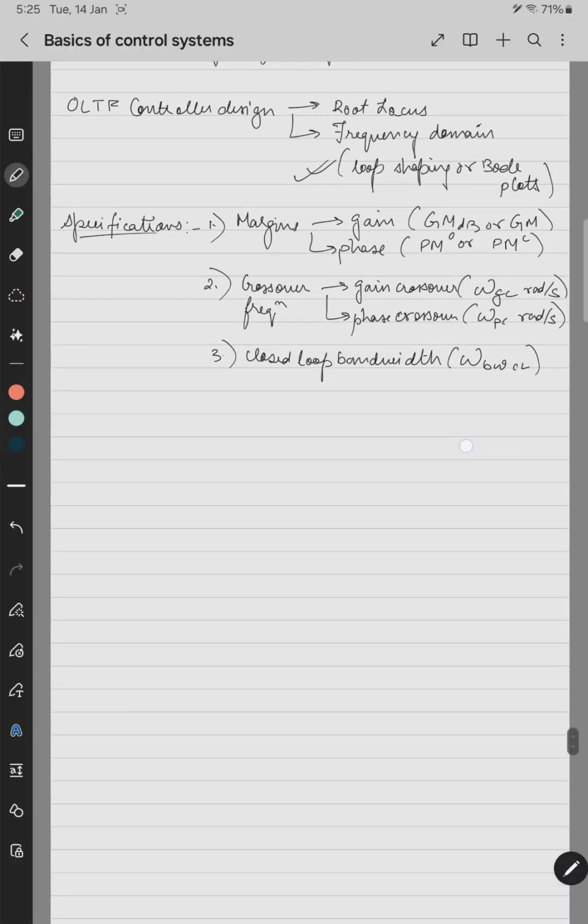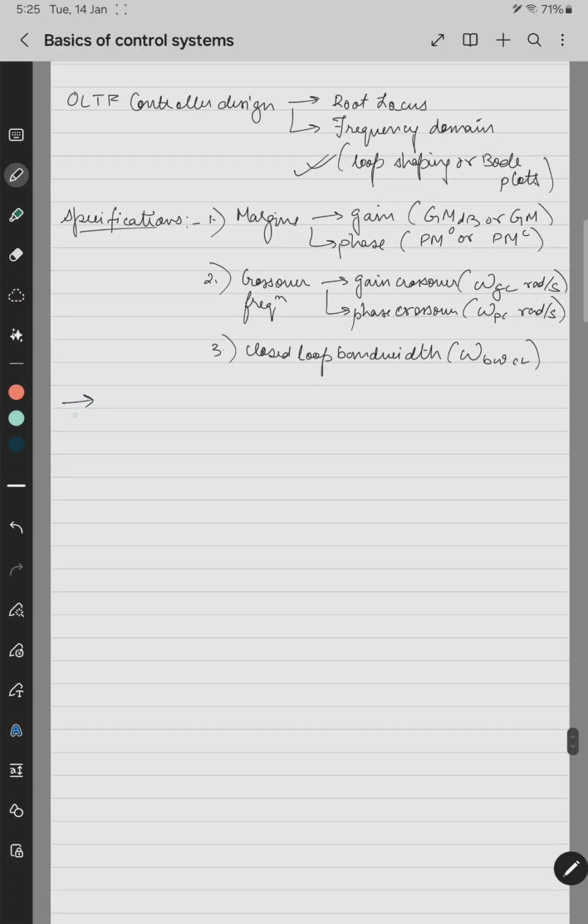We'll quickly see the definition of these parameters. Let's say G of S is the plant transfer function. Instead of the margins, we'll first see the crossover frequencies.